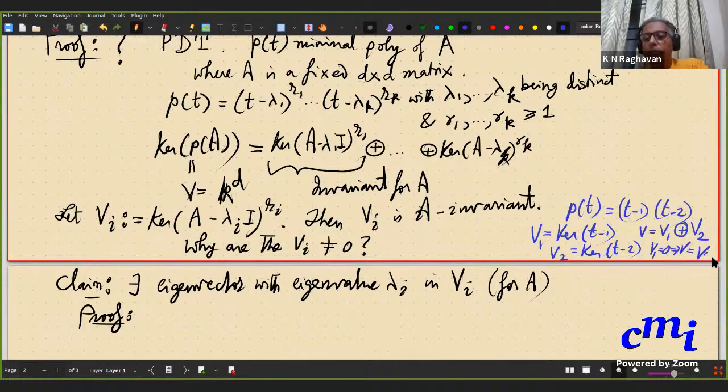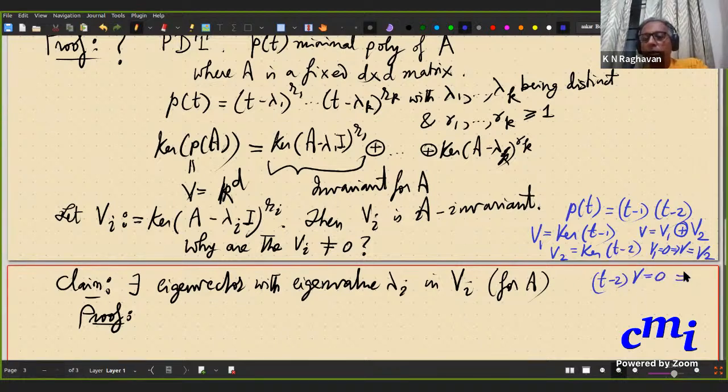But T minus 2 kills V2, which means T minus 2 applied to V is 0. But that's a contradiction, because the minimal polynomial is (T minus 1)(T minus 2). It's not T minus 2.